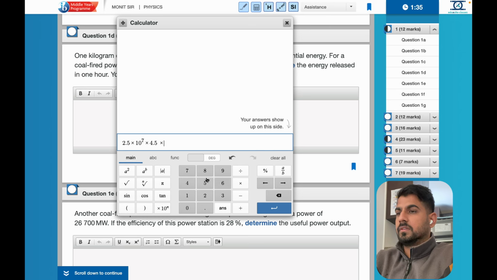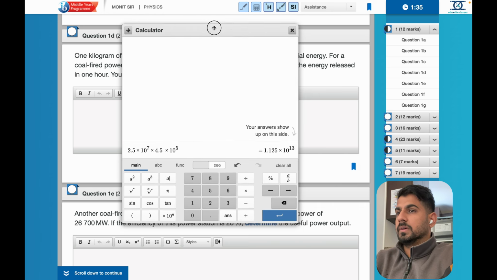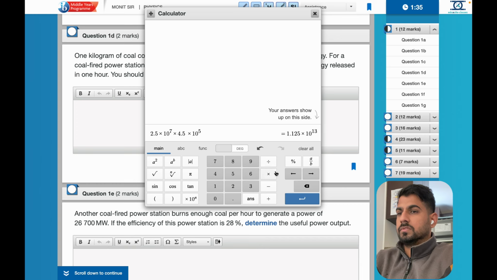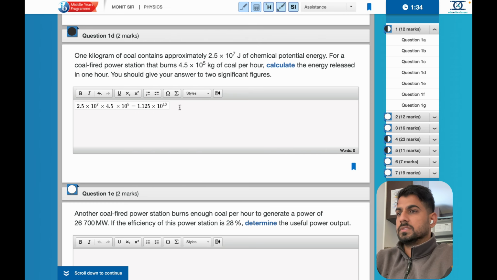4.5 times 10 raised to power 5, I think, right? Yeah. So you can just copy this. You just have to press copy and then paste it here. So that will give you the answer here. You have to write it down in the correct number of significant figures.